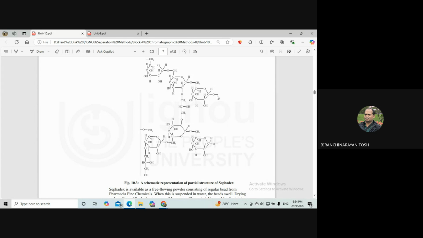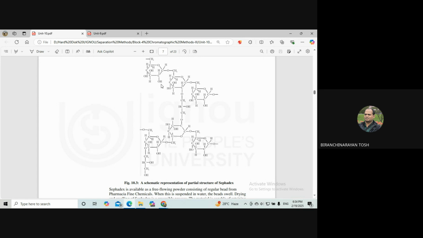The glucose residues are joined by alpha 1,6 glucosidic linkage. You can see here, if this is carbon 1, 2, 3, 4, 5, 6, this carbon is the glycosidic linkage, so this is 1 and this carbon is 6. So 1 and 6 are linked by this oxygen bond, which is known as the glycosidic linkage.